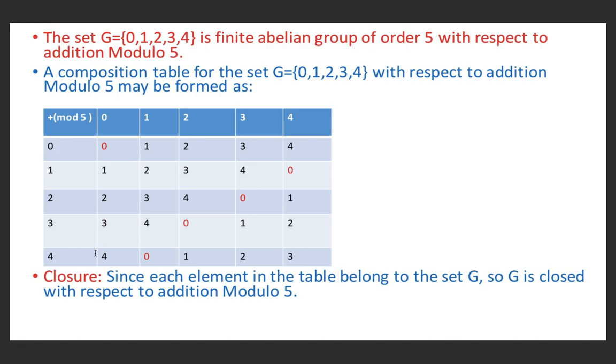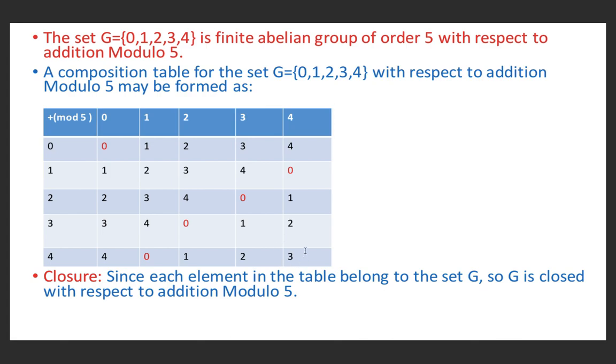4 plus 0 is 4. When we divide 4 by 5, the remainder is 4. 4 plus 1 is 5. When we divide 5 by 5, the remainder is 0. 4 plus 2 is 6. When we divide 6 by 5, the remainder will be 1. 4 plus 3 is 7. When we divide 7 by 5, the remainder is 2. 4 plus 4 is 8.